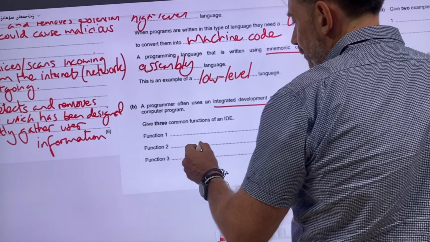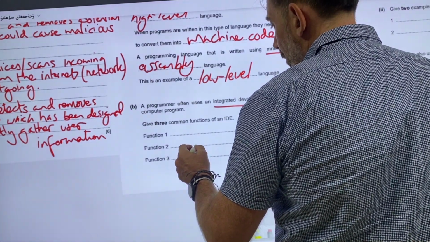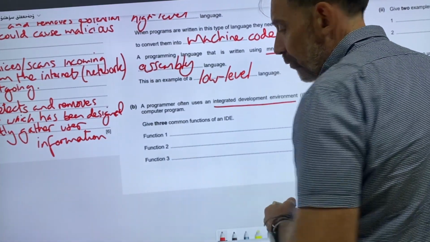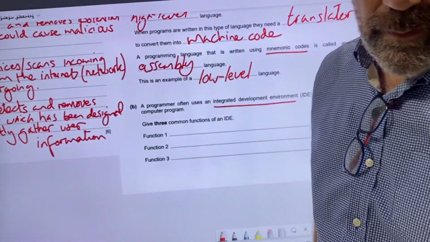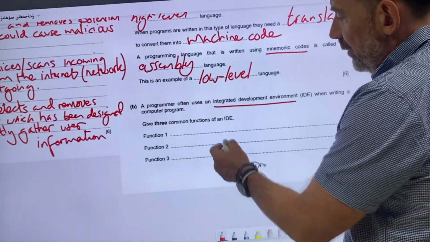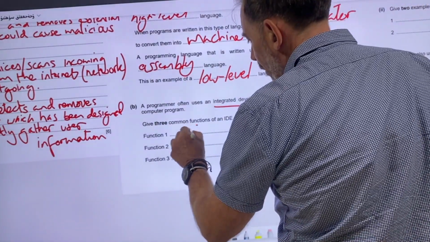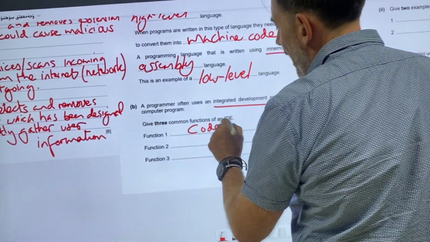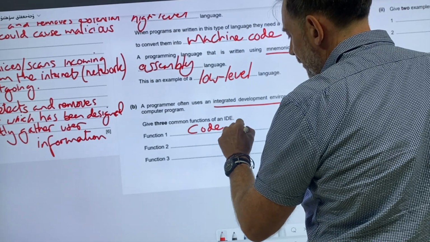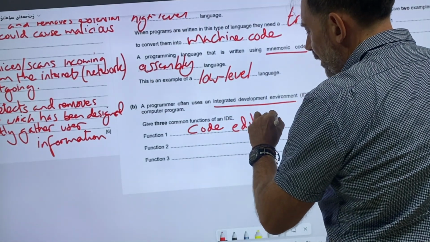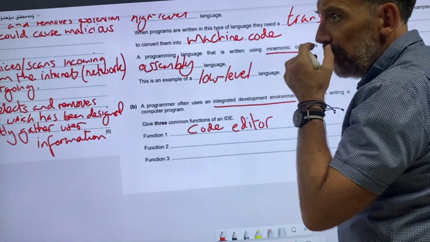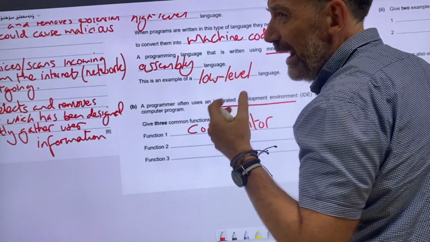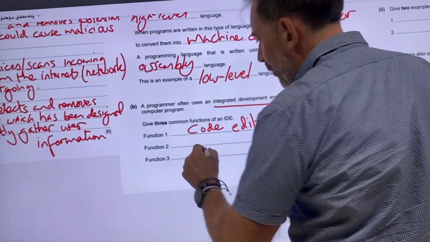Well, obviously it's a code editor. It allows you to edit code. Yeah. I'm going to put something down here. You see this more in A-level and IB questions, but pretty print.